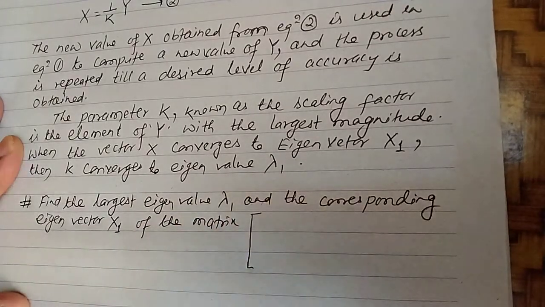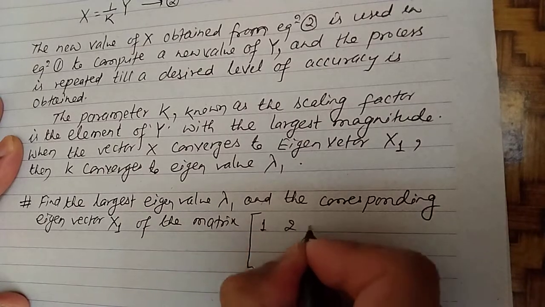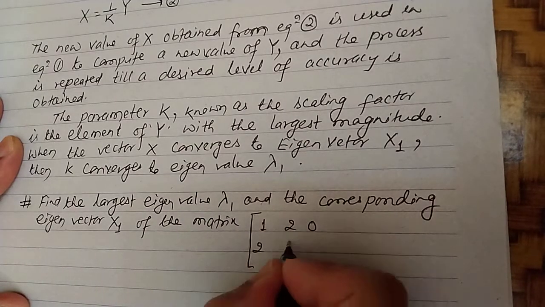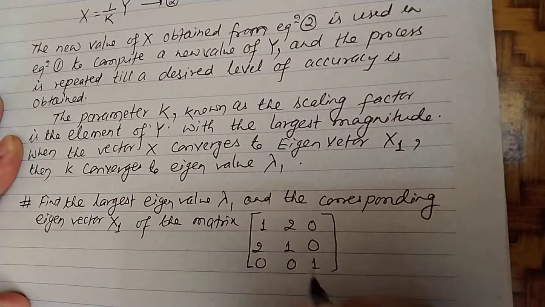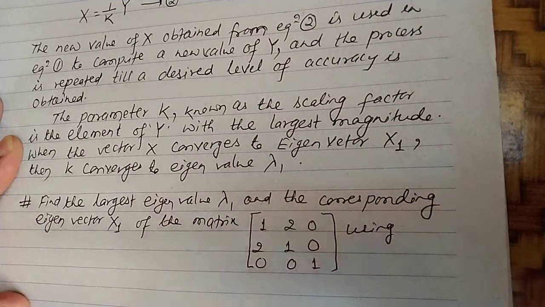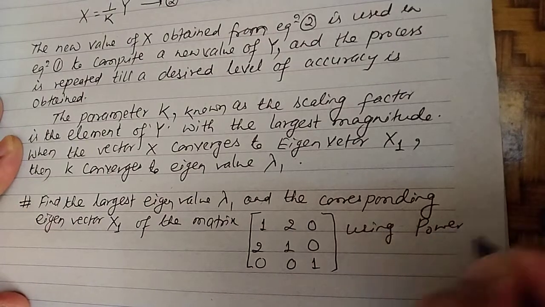The matrix is given here: 1 2 0, 2 1 0, 0 0 1, using power method. All right.